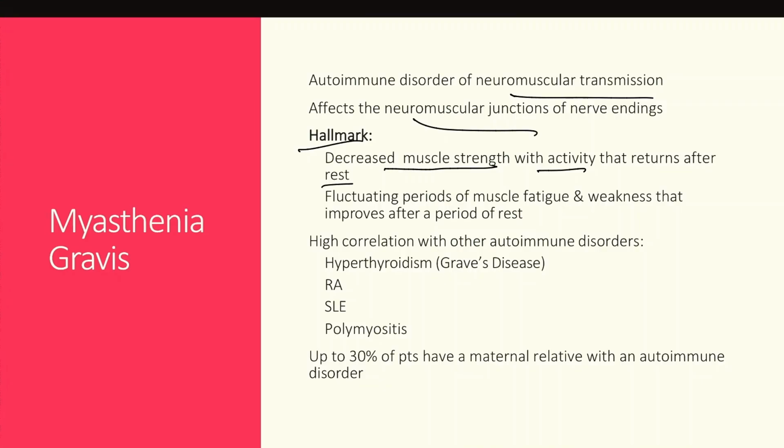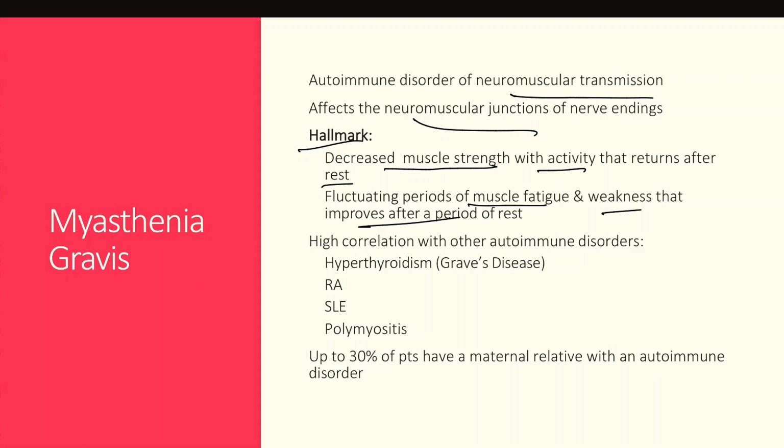Once they rest, the receptors become free again, able to be stimulated one more time. After they rest for a little bit, you give them another hand grip strength, and the strength returns back to normal. But then it will fatigue out again as it goes on. So fluctuating periods of muscle fatigue and weakness that improve after a rest.